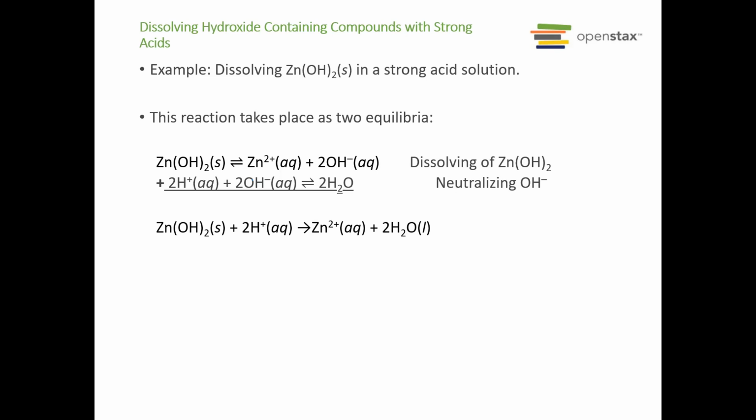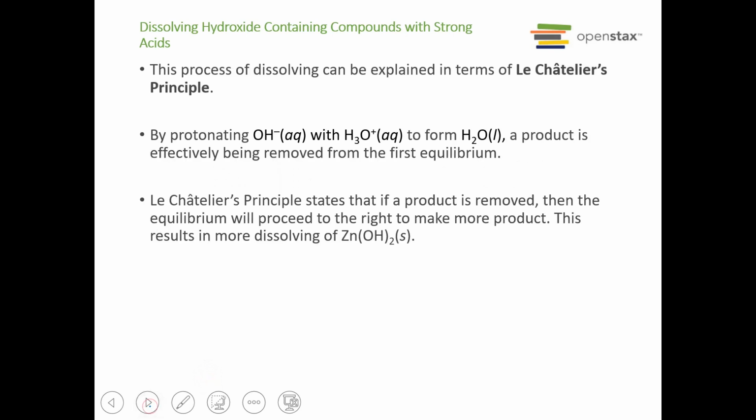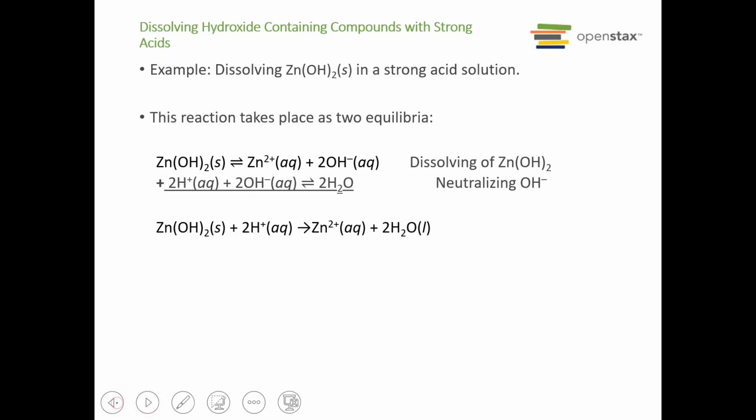Well, if we add some acid to this and it can react with this OH negative, then we can form water out of that. So this would technically be H3O+, but we'll just write it as H plus here.